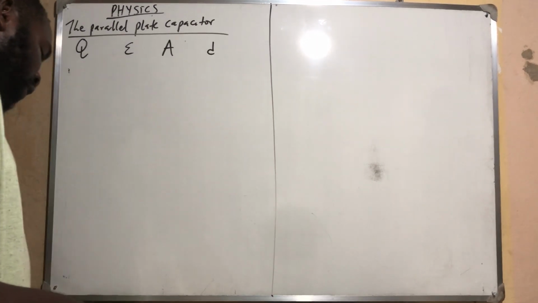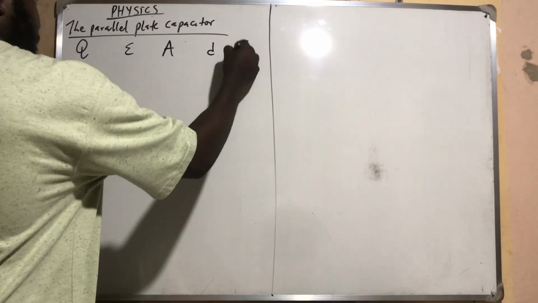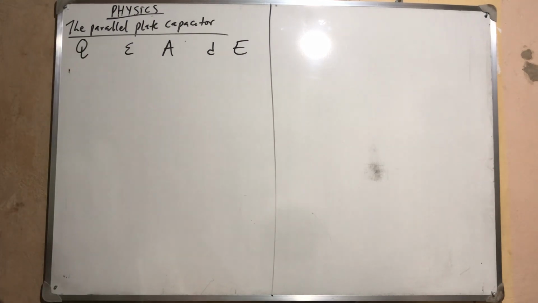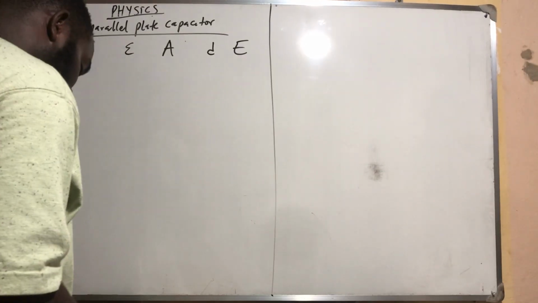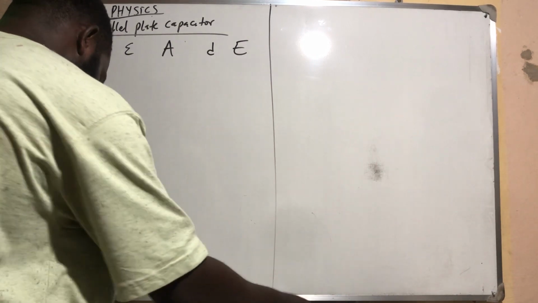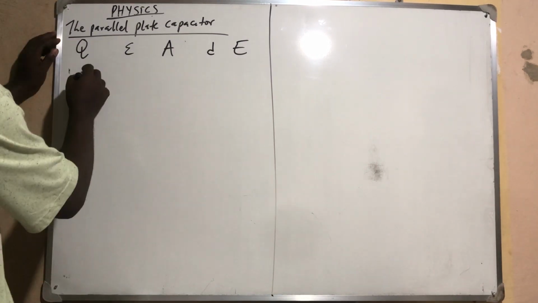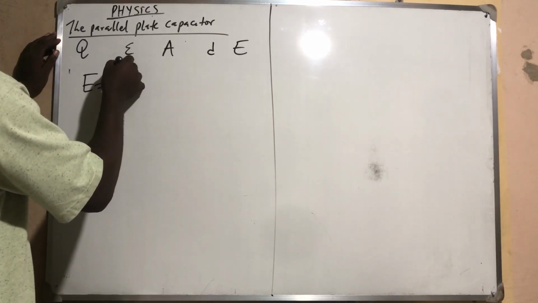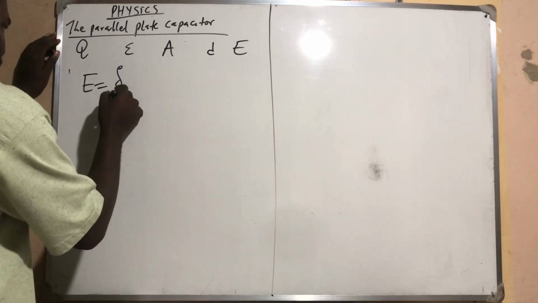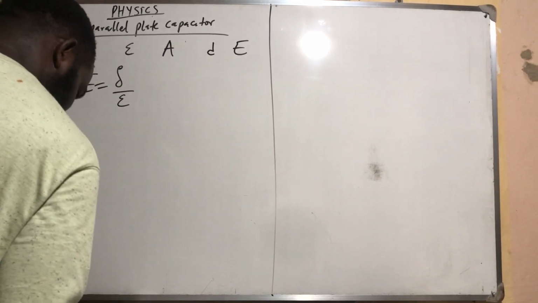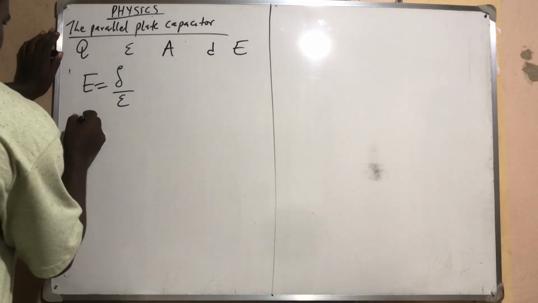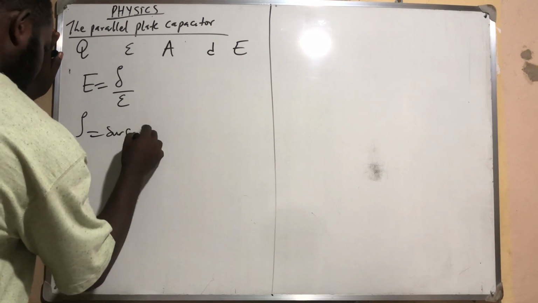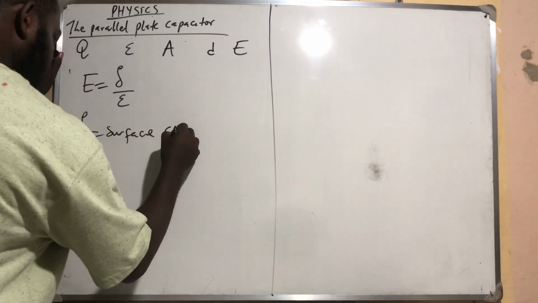Then the electric field strength is E between the plates. The electric field E on a charged plane conductor is given by delta over E, where this delta or rho is the surface charge density.